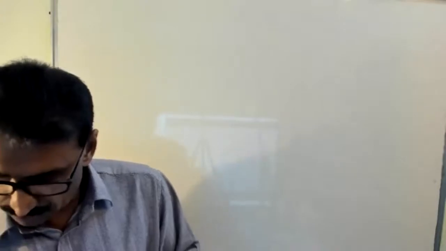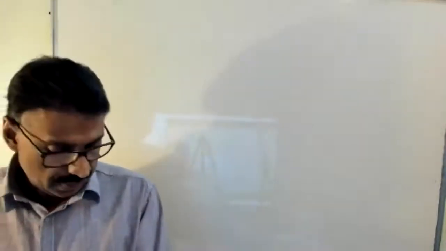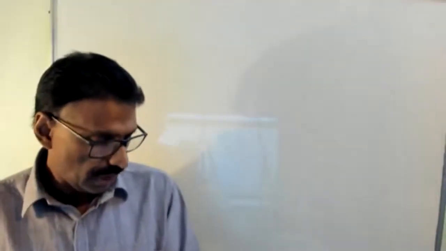Sir, can you repeat the question? Look here. A vertical tower stands on a horizontal plane and is surmounted by a vertical flagstaff of height small h.